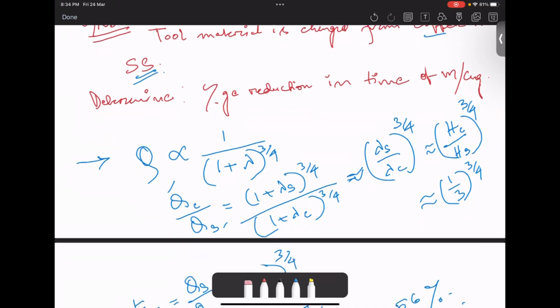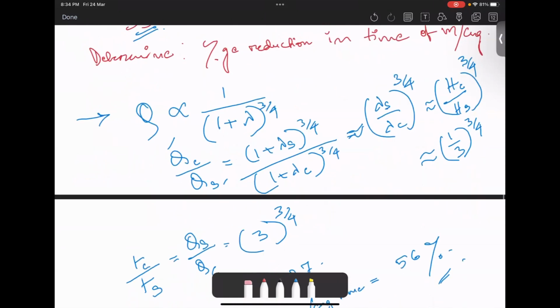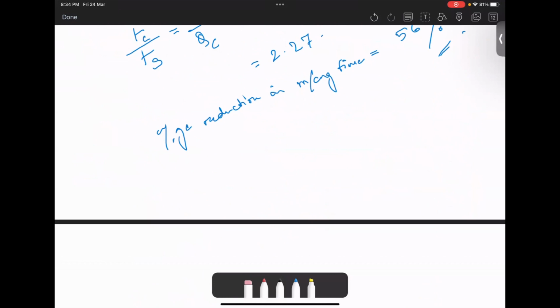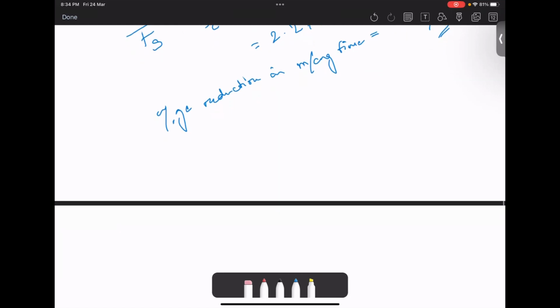So if not, then let's proceed to one more problem. Not a problem actually, this is an analysis of the process parameters in case of ultrasonic machining. If you have gone through the lectures, you must be knowing that.